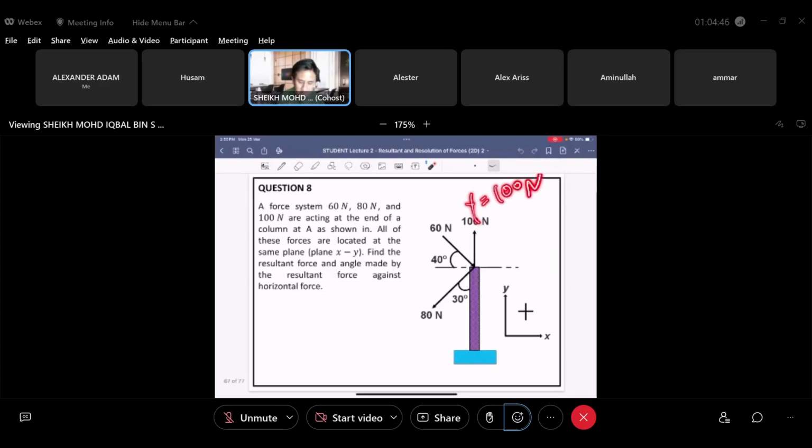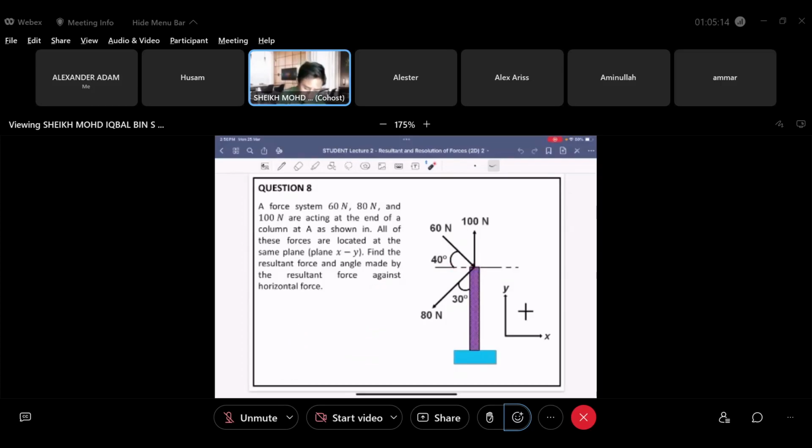Now we go to the second force, which is this one. If we make a triangle out of it, the x component here is 60 cos 40 degrees, and it's positive because it's going in the positive direction.